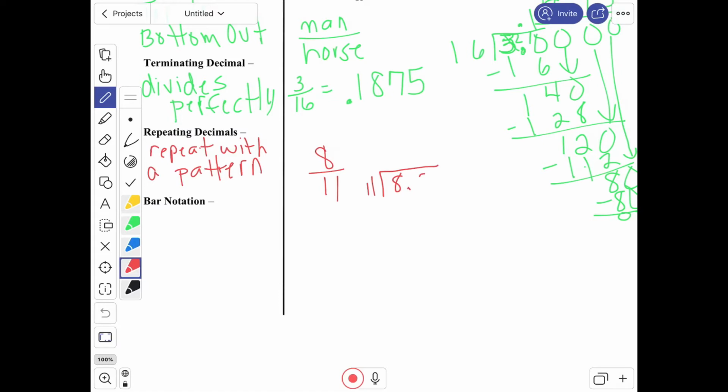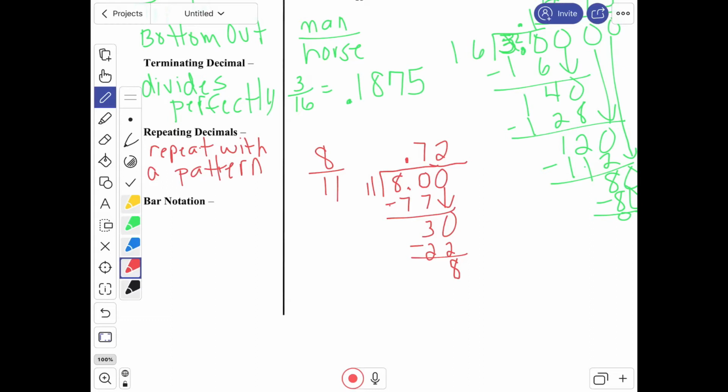11 does not go into 8, so we put down a decimal and a 0. 11 goes into 80 7 times. 7 times 11 is 77, with 3 left over. So put down another 0 because I do not see a pattern yet. 11 goes into 30 2 times. 2 times 11 is 22.